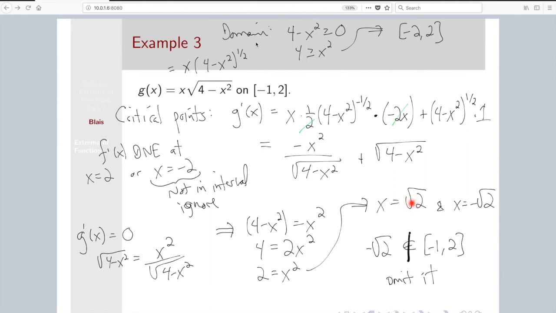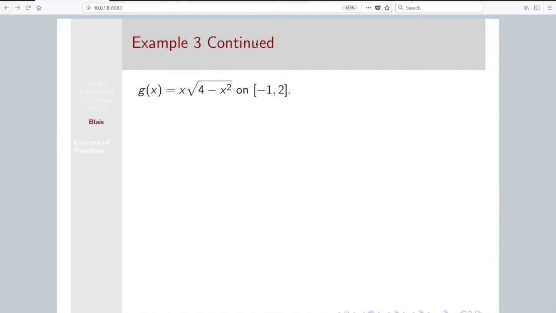We have root 2. We have 2. And then we also need the endpoints. So we better include minus 1. So now we go to the next page and we draw our list. So we said root 2, 2, and minus 1.